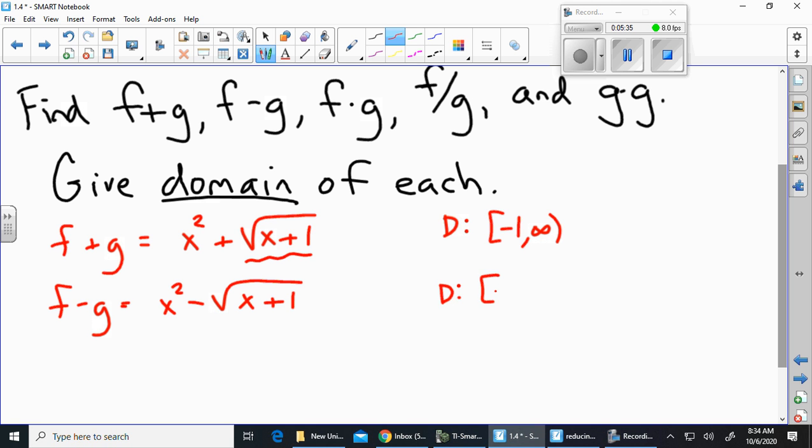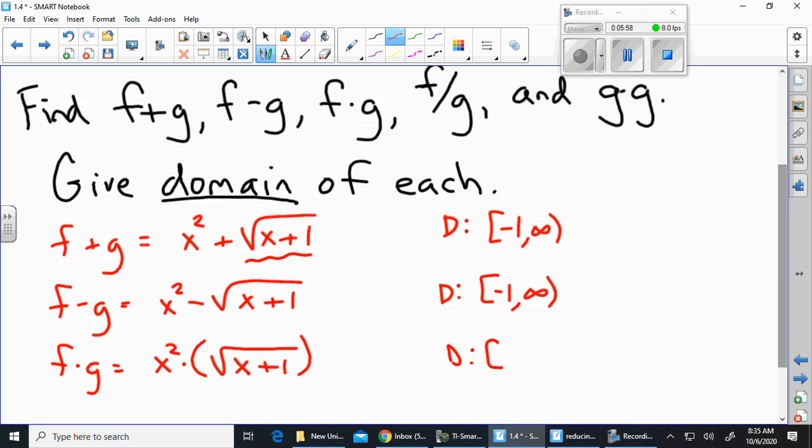Same thing. Nothing I can combine. I leave it. f times g, x squared times the square root of x plus 1. I can't distribute an x squared into a square root. I'm done. Domain, same thing. The most it can be is the intersection of those two domains, which is negative 1 to infinity.